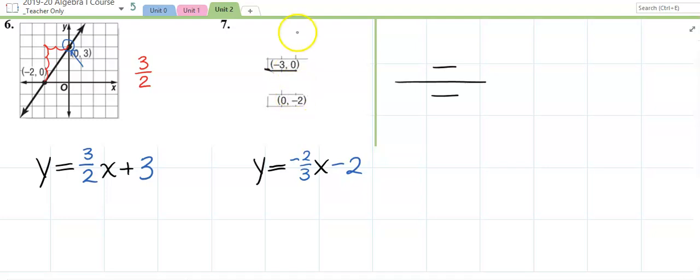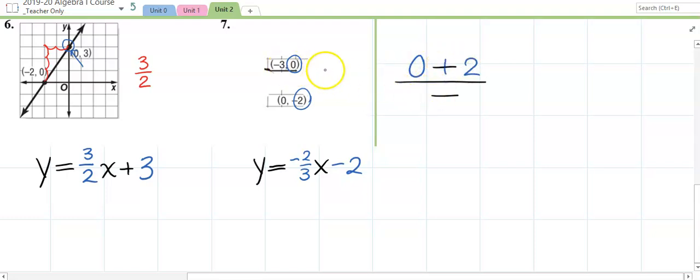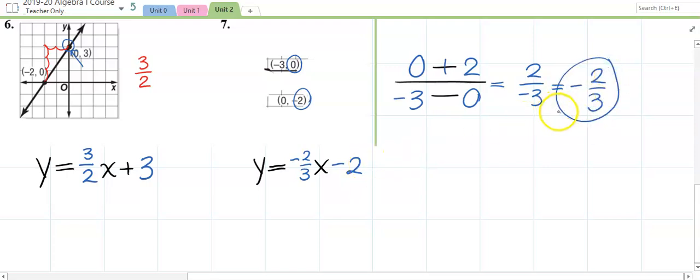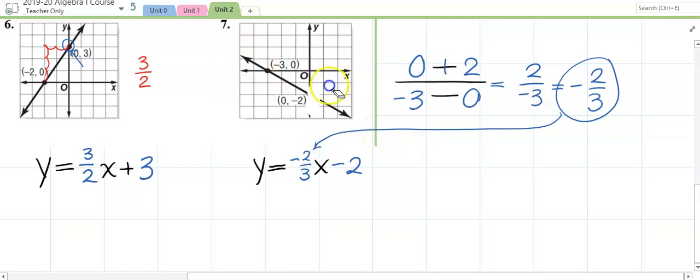But if you recall, we can also circle the y's. 0, negative 2, negative 3, 0. I'm putting my y's together, then my x's. And when I simplify this, I get 2 over negative 3, which is the same thing as negative 2/3, which is the exact same thing I got when I looked at the whole graph initially.